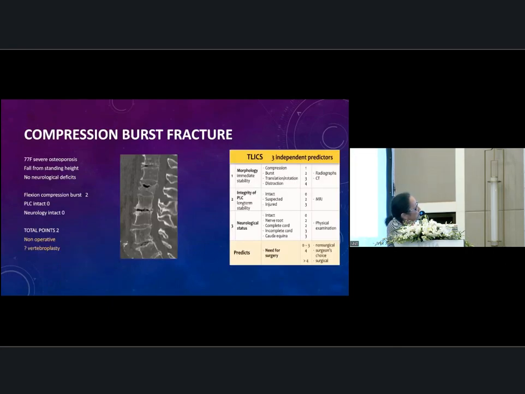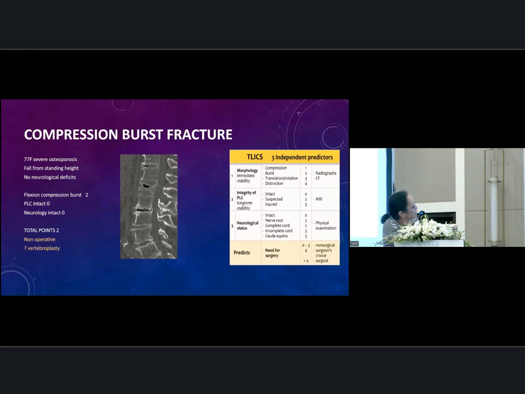So using the TLICS score, this is an example of how it can be applied. We've got a 77-year-old lady with severe osteoporosis, fall from standing height with no deficits. So if we look at the morphology, we think it's a flexion compression fracture or a burst fracture, so that gets a score of 2.